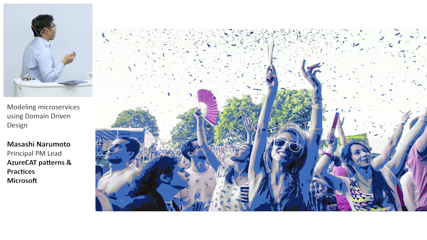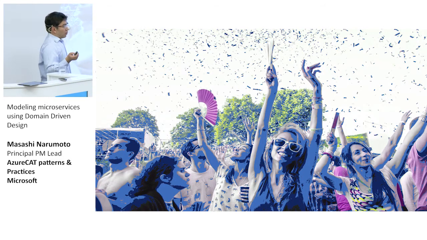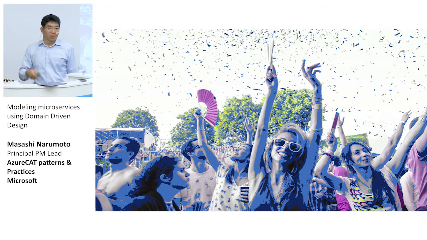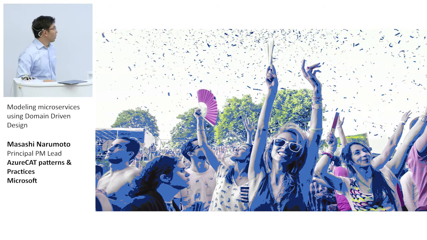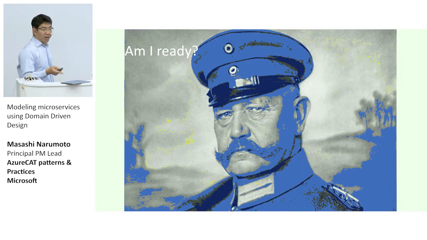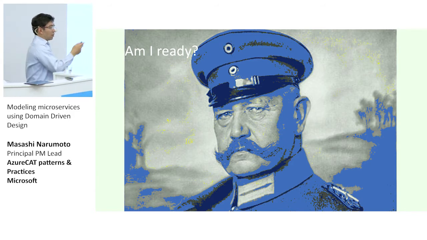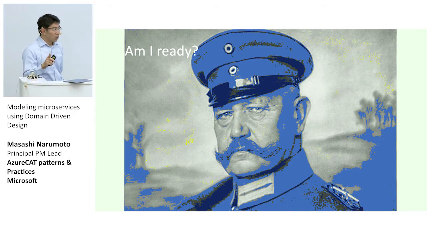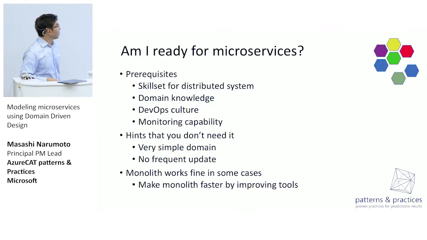All right, so now microservices gives you a lot of benefits: faster deployment, technology choices, scalability and so on. But am I ready? Like somebody pointed out, it doesn't give you only the benefit. It gives you a lot of challenges, right? So here's kind of a prerequisite.